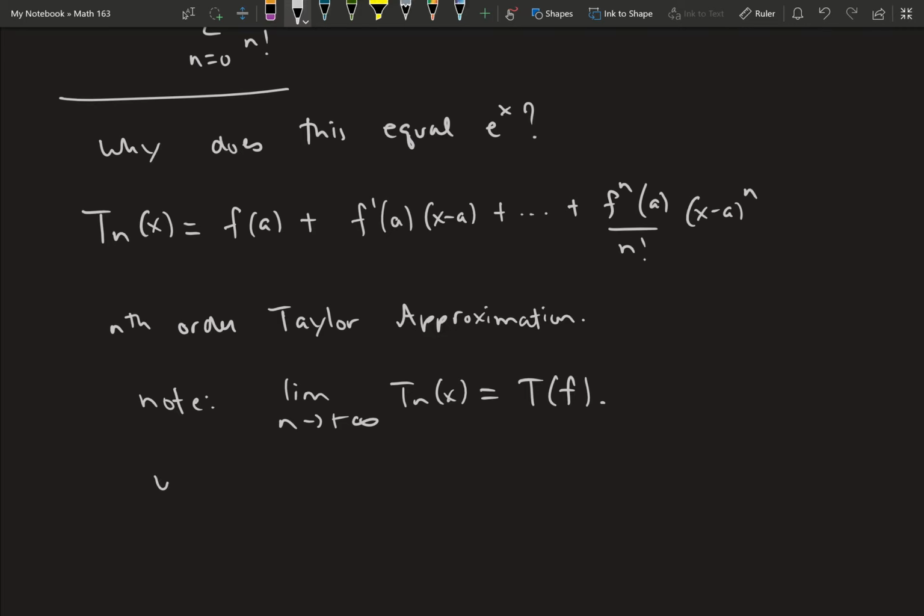So what we want is that as n goes to infinity, the difference between f of x and this nth order Taylor approximation should go to 0. Because as n grows, you're getting closer and closer to the actual full Taylor series. And if that equals f, then that should get smaller and smaller and smaller. It should go to 0.